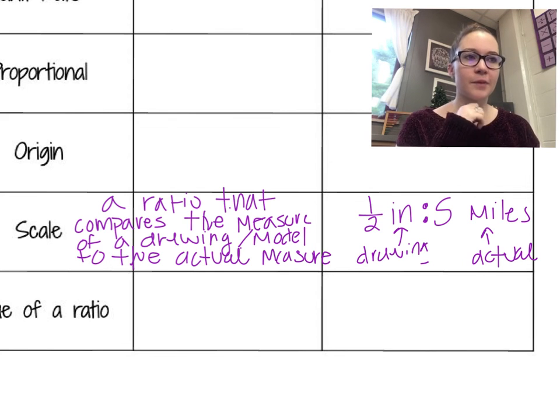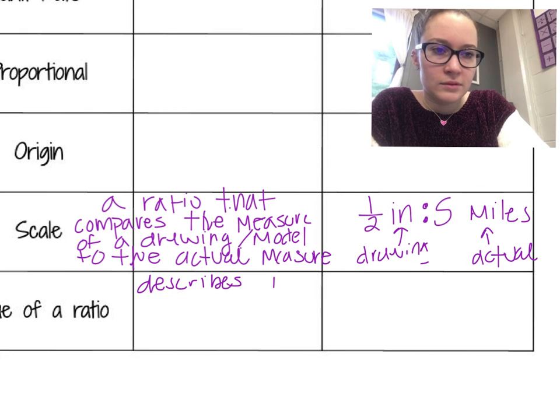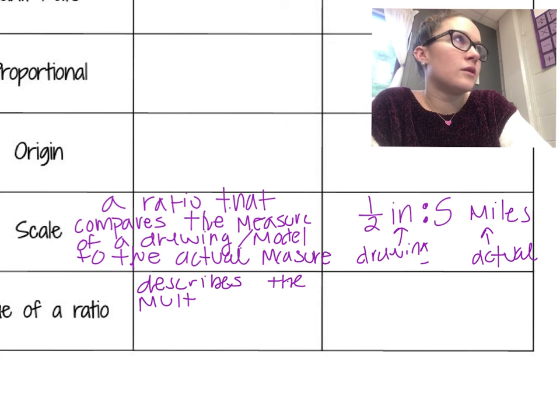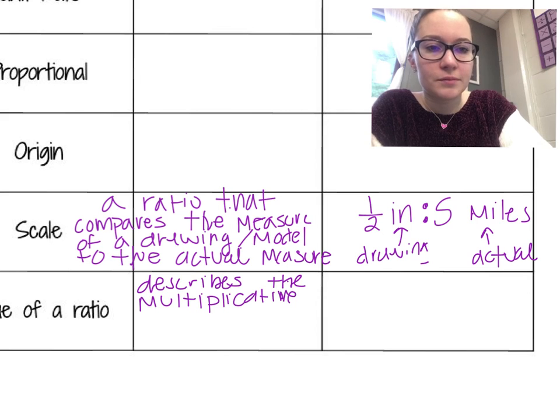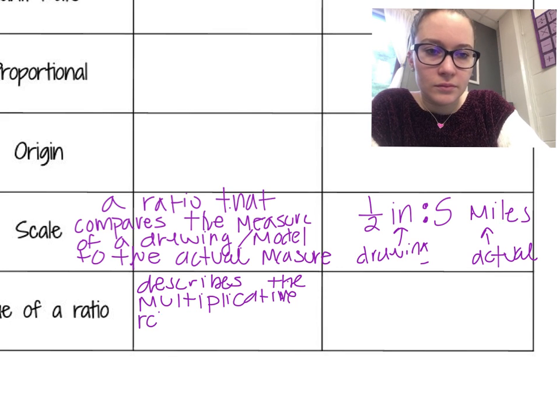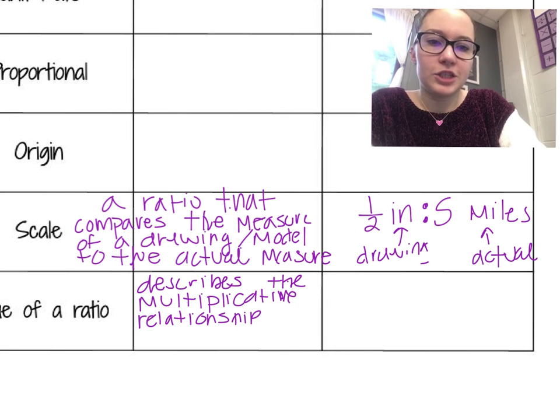So we have a ratio that's comparing two quantities, like 5 teachers for every 30 students, okay? It describes the multiplicative, basically multiplying relationship between the quantities in a ratio.